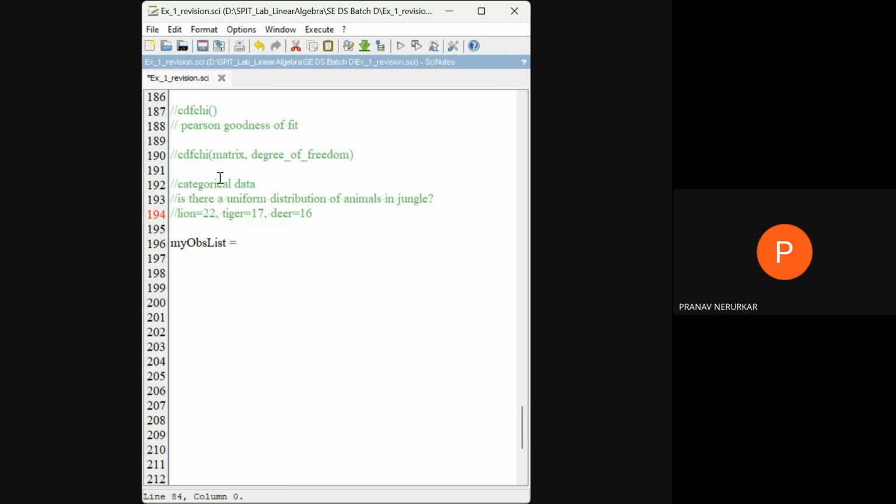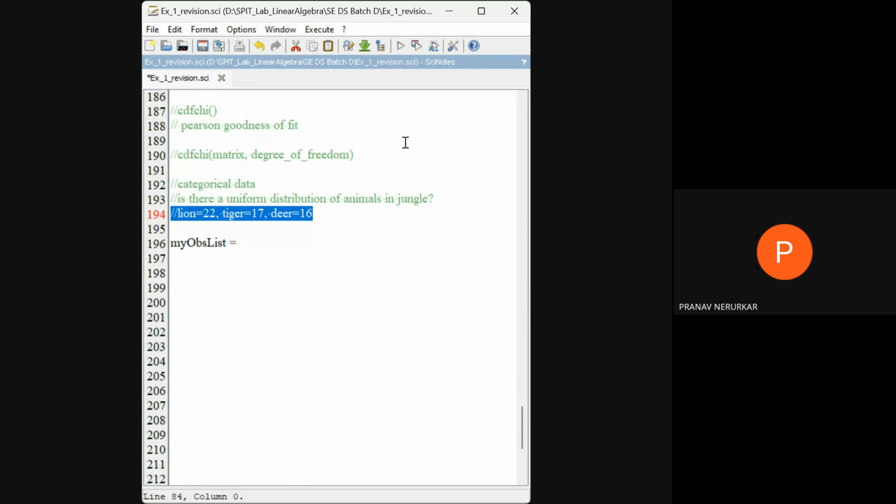Given the presence of animals in this ratio, can we say that the categories are equal, or can we say that if the sample is like this, then the population will also be in the same distribution, or whether the sample cannot give us an idea about how the population will be distributed.